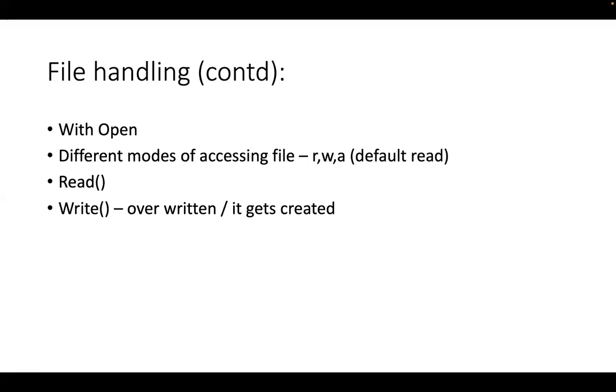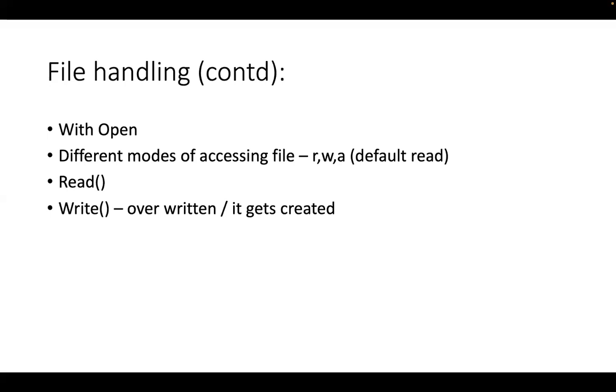The connection the program has with that file, remote or local, becomes obsolete once the execution comes out of the with open block. That's the bigger advantage: with open, you need not deliberately give a close statement.